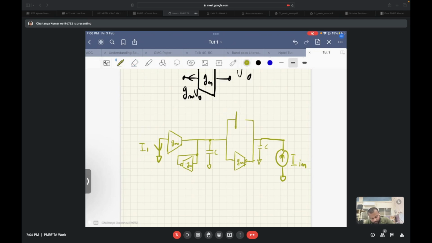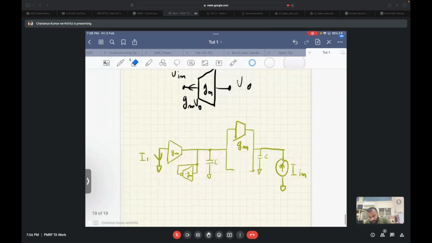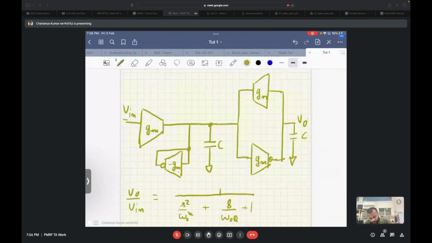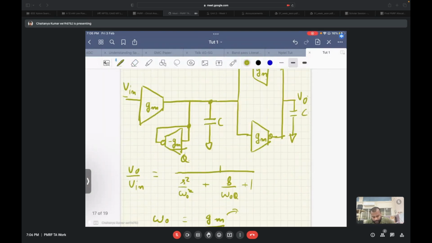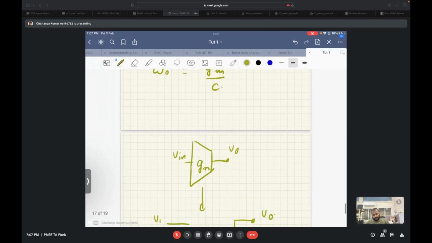So we will have GM like this. Here this transconductor is GM by Q, and the rest of the transconductors are GM. The bubble at the output of these transconductors means that they are sinking current instead of sourcing current for a positive input voltage.